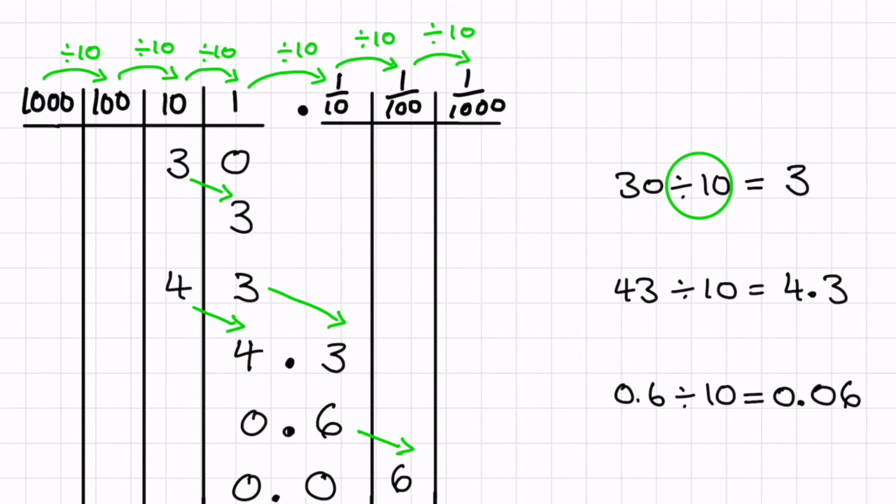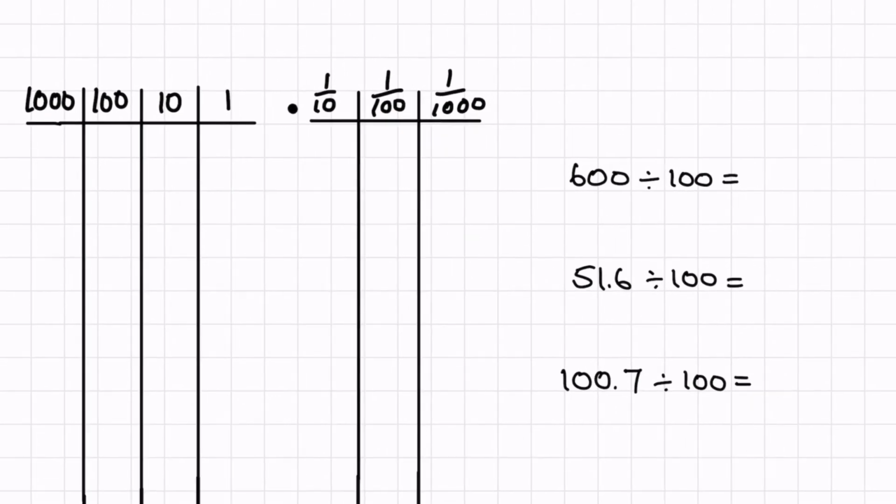Let's look at dividing by 100. Let's look at the relationship. I'm hoping now that you're ahead of the game. 1000 divided by 100 is equal to 10. 100, of course, divided by 100 is equal to 1. 10 divided by 100 is equal to a tenth. 1 divided by 100, as you should know, is a hundredth.